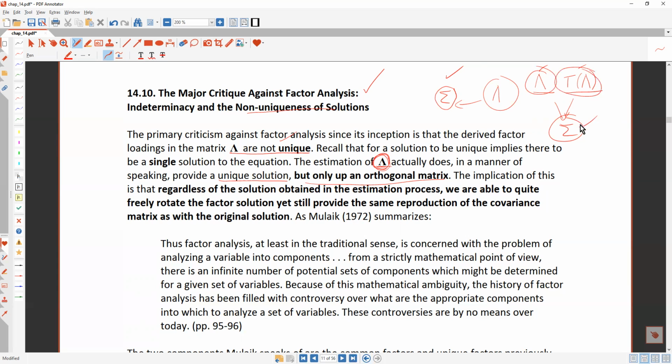Or should we go with the transformed loadings? That's what we mean here by an orthogonal matrix. And what we're getting at in this idea here is the idea of rotation. The idea of rotating the factor solution, which will still produce the original covariance matrix.